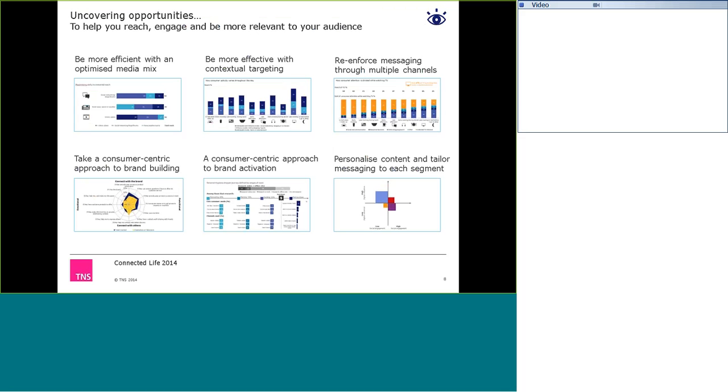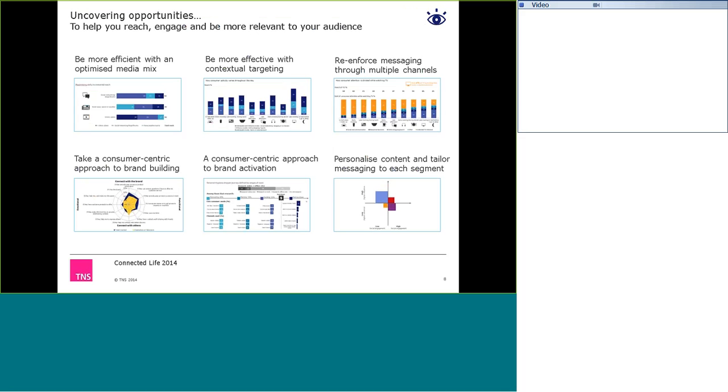Okay. Some of the major points that we have through the TNS Connected Life data is really about uncovering opportunities. So this is looking at how you can contextualize your adverts to be more relevant to your audience, and which are really the platforms of scale and reach within markets, and all of the key ways that consumers find really important to allow you to engage with them.